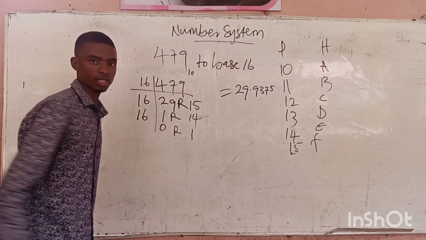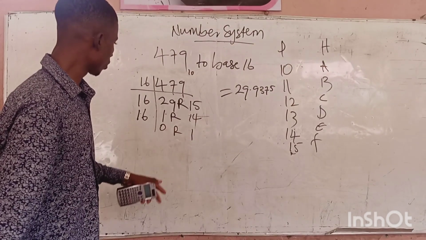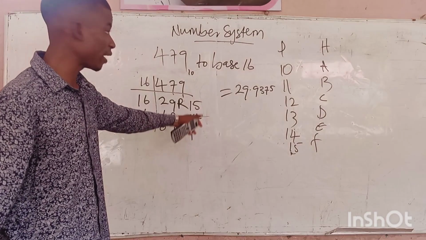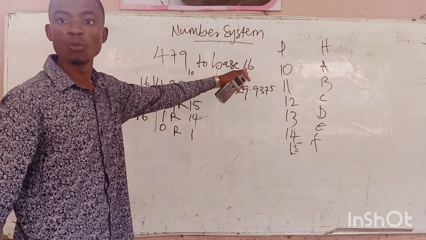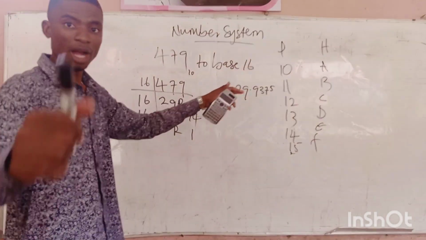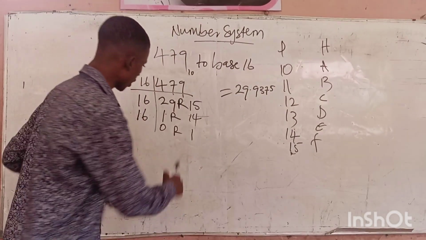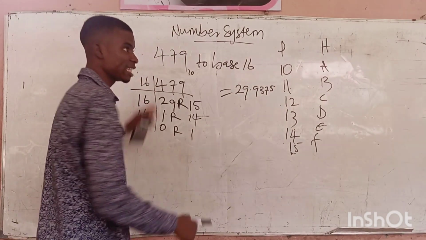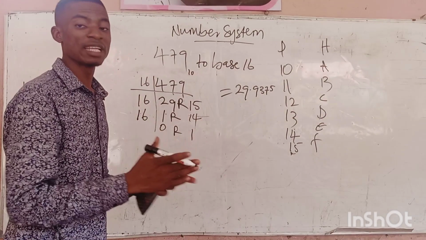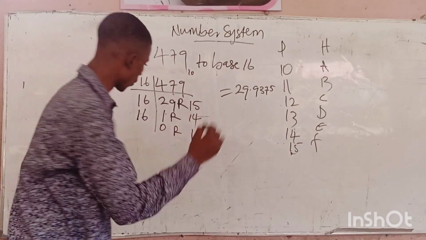And so from here, the remainders, we have to convert them to hexadecimal, which is base 16. And how are we going to do it? Now we already have 1 here, 1 under decimal and hexadecimal, they have the same corresponding number. So we have 1.